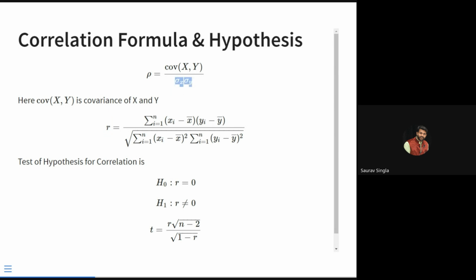That is the result of standardization that we achieve by dividing the covariance by the standard deviation of x, the first variable, and the standard deviation of y, the second variable. Once you standardize, the value of r is limited from -1 to +1, and then you can decide that if the value is close to +1, it is a positive correlation, and if the value is close to -1, it is a negative correlation.